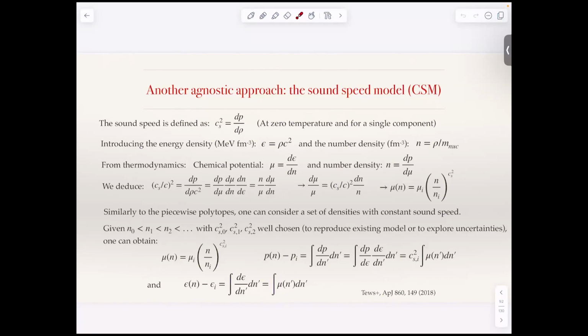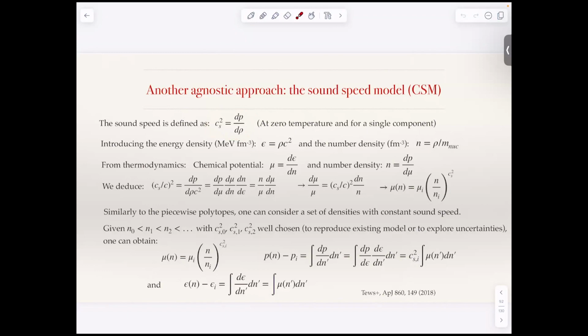The idea here is, instead of mapping the relation between the pressure and the density, you map the sound speed, how the sound speed evolves with density. The sound speed is defined as the derivative of the pressure. So in a way, what you control is not the pressure, but the derivative of the pressure.